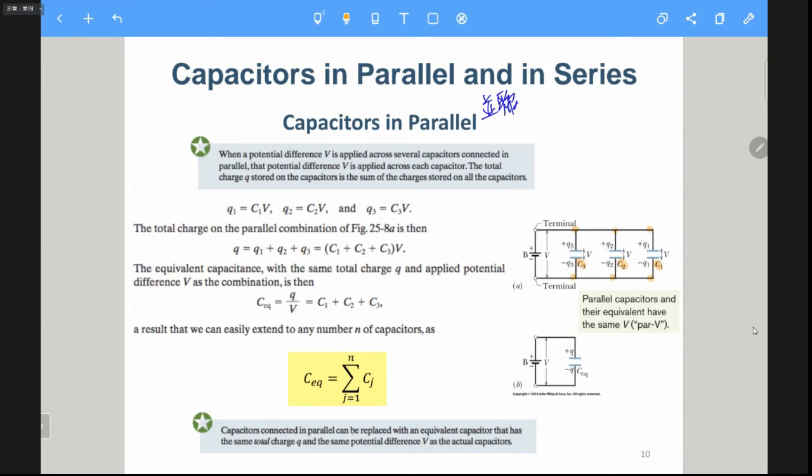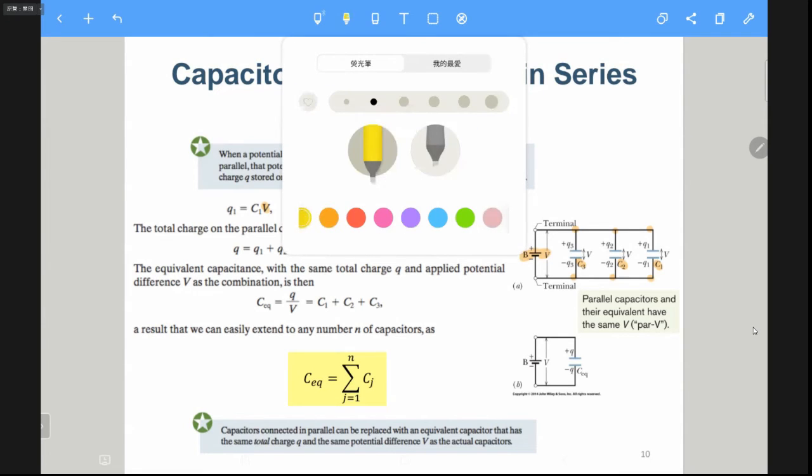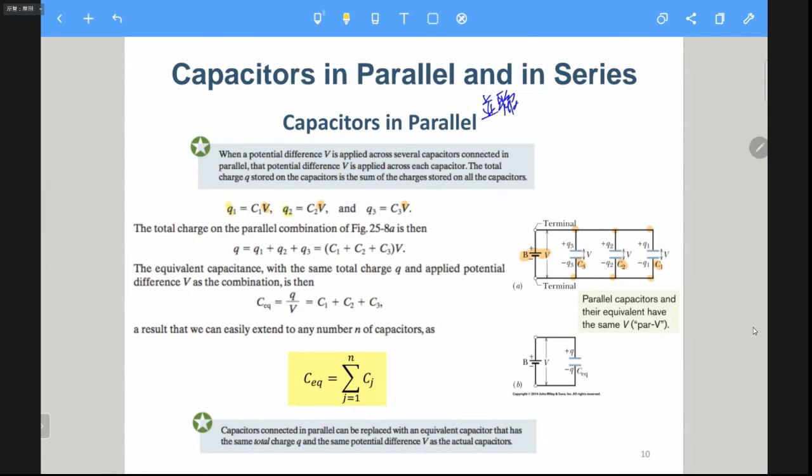And if we just provide a voltage difference here, they will share the potential difference, and then they might have a different amount of charge with a different capacitance.